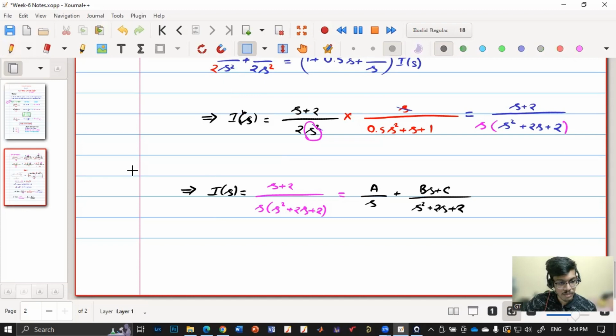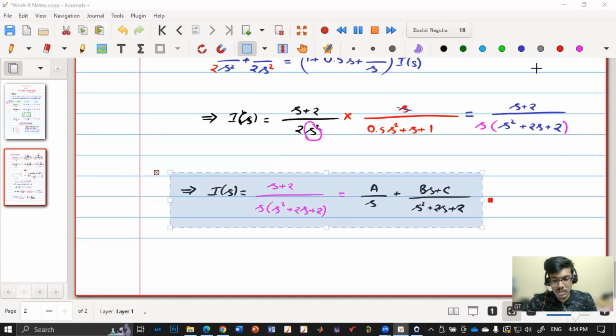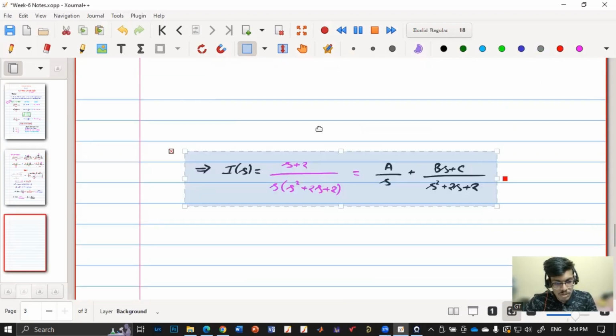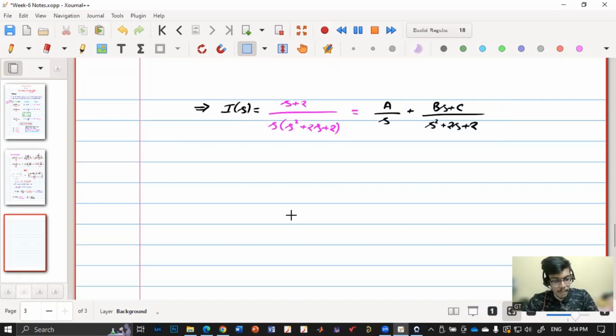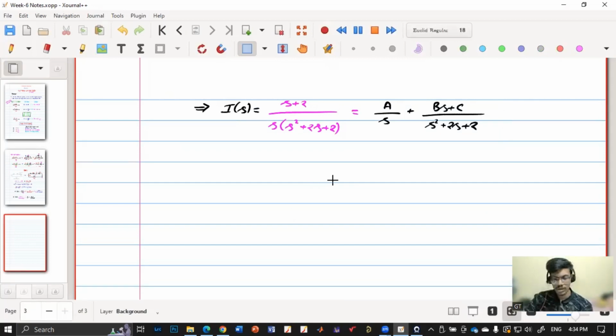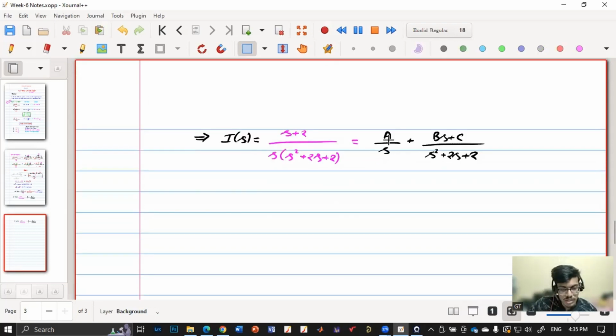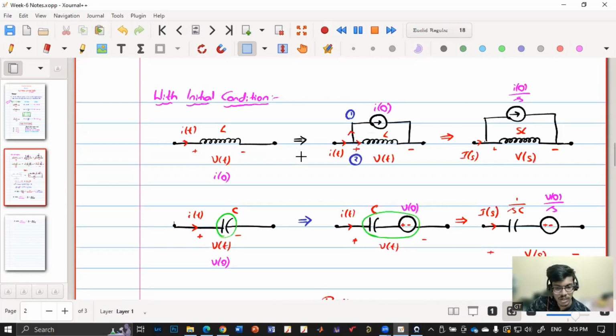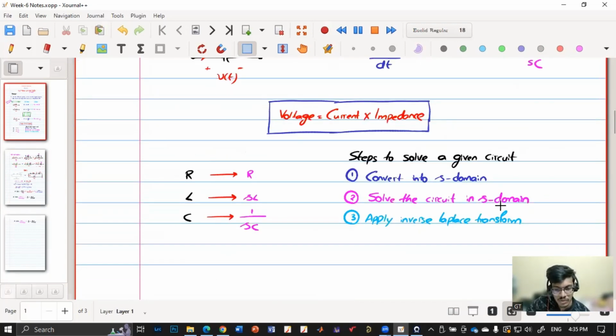So just let me take this to the next page. So this is our I of s. With this I of s, now we have to calculate I of t. We are still in part 2, and part 2 is just to convert the circuit into the S domain.